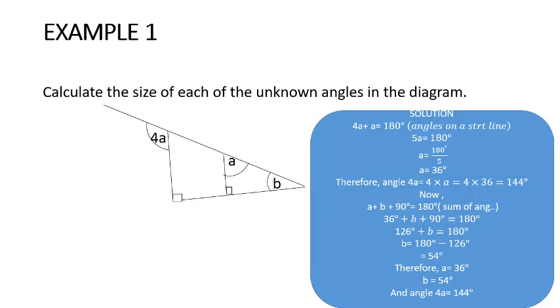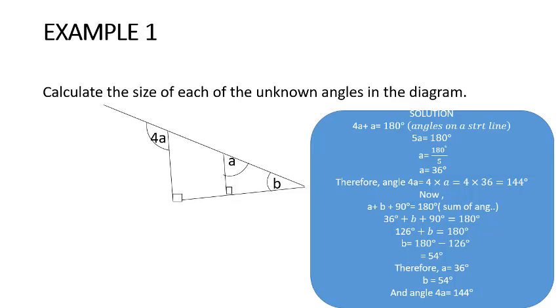So 36 plus B plus 90 is equal to 180 degrees. Why 36 degrees? Because we know that A is equal to 36 degrees. And why 90 degrees? Have you seen that small square at the corner there? It indicates that that angle is a right angle, so it is 90 degrees.